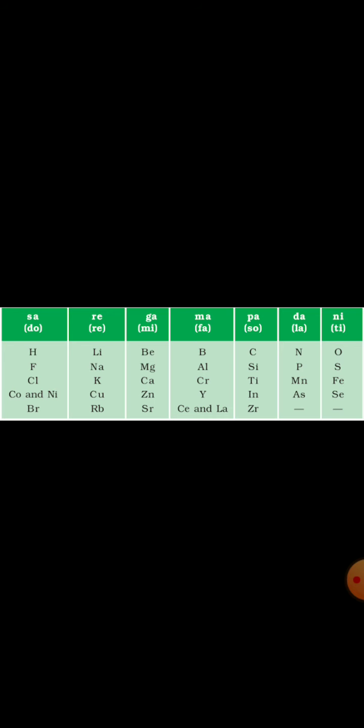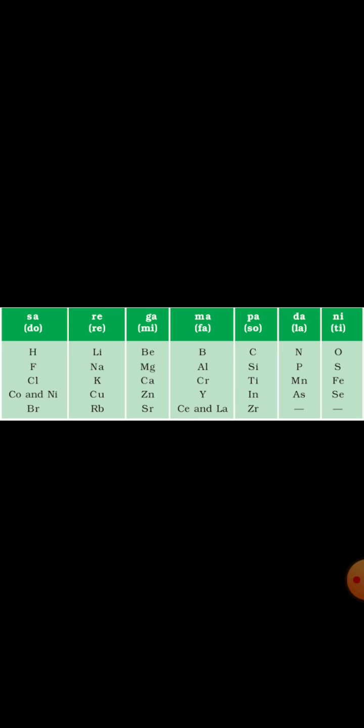I told you which element to start from: lithium. So lithium and sodium have similar properties. Similarly, beryllium and magnesium, boron and aluminium, carbon and silicon, nitrogen and phosphorus, oxygen and sulfur.